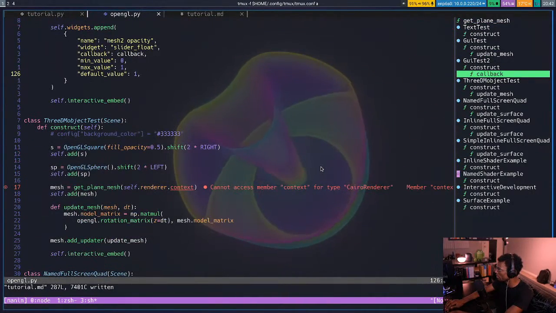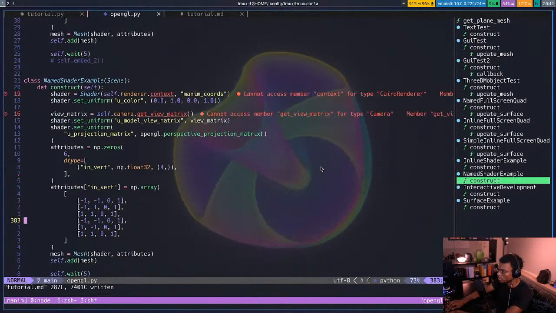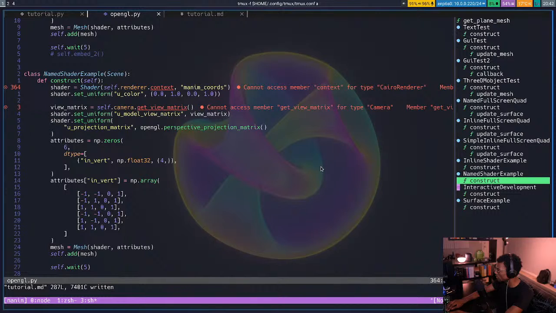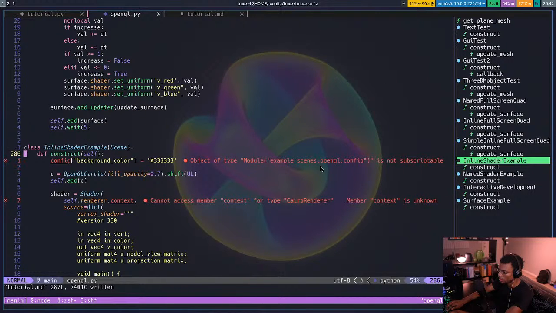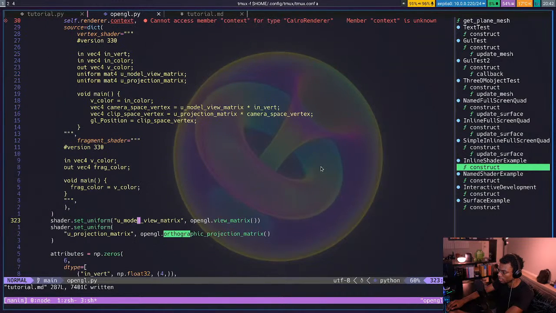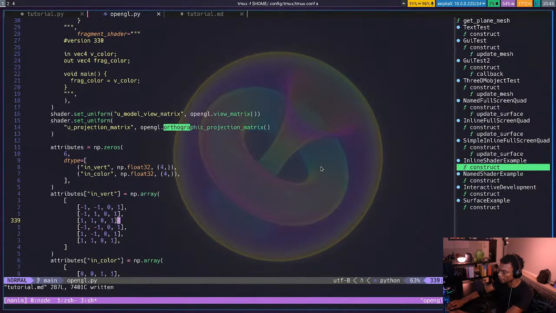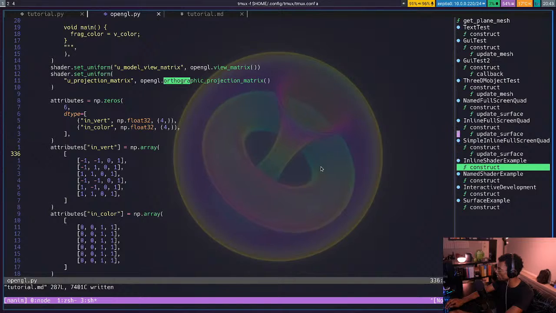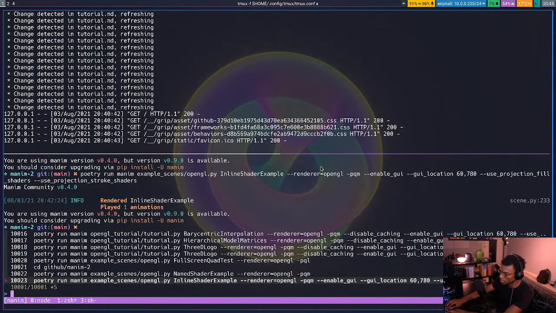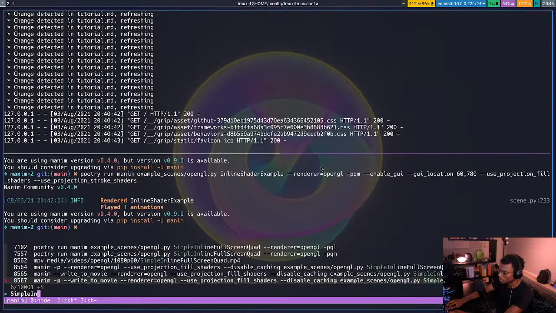Named shader example. Shader, Manim coords. Yeah, that's not the one. Inline shader example. Model view matrix and projection matrix. Okay, so that's not the one. Simple inline full screen quad. Okay, it must have been this one.